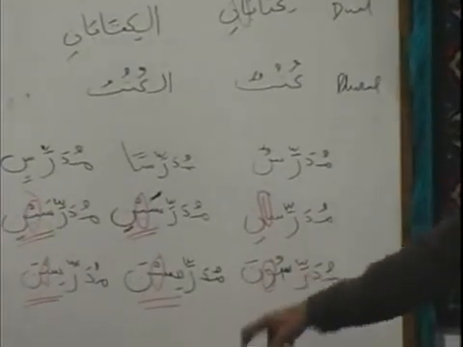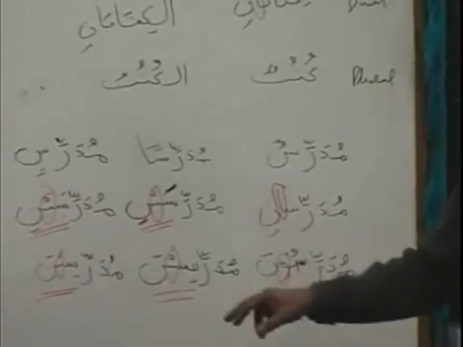Now make it dual. Sadikani, then Sadikaini, then again Sadikaini. And from Sadikatun you make dual: Sadikatani, then Sadikataini, Sadikataini. And then Sadiquna, Sadiqina, Sadiqina. The rest we will do next time.